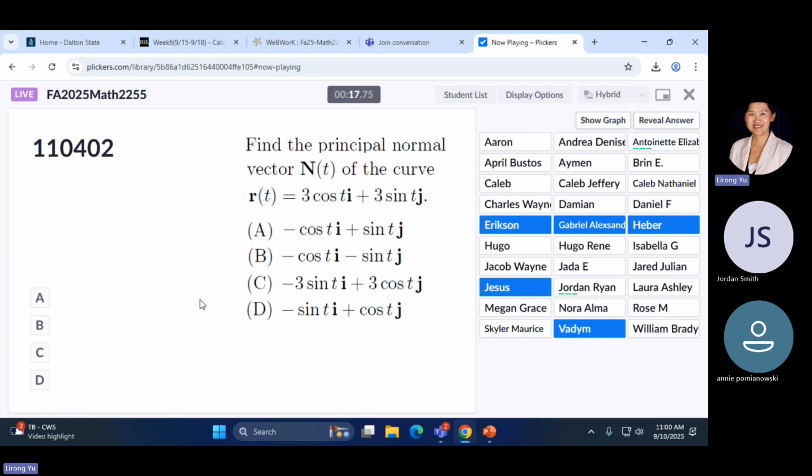So at least C is not right. All the others have to be perpendicular to the direction of the curve. If it's not perpendicular, then we know it's wrong. Let me show the process so you can see this.